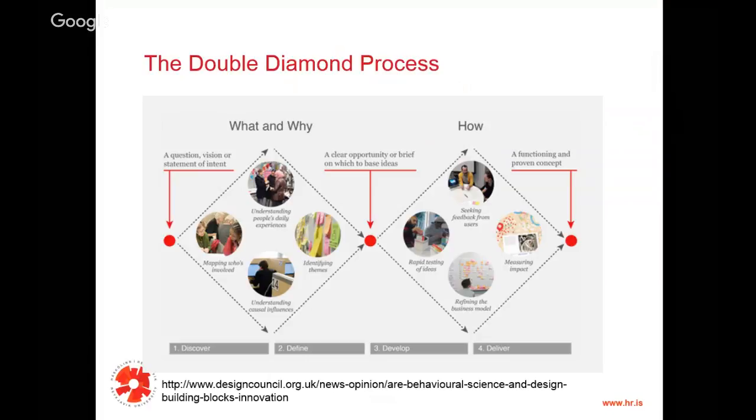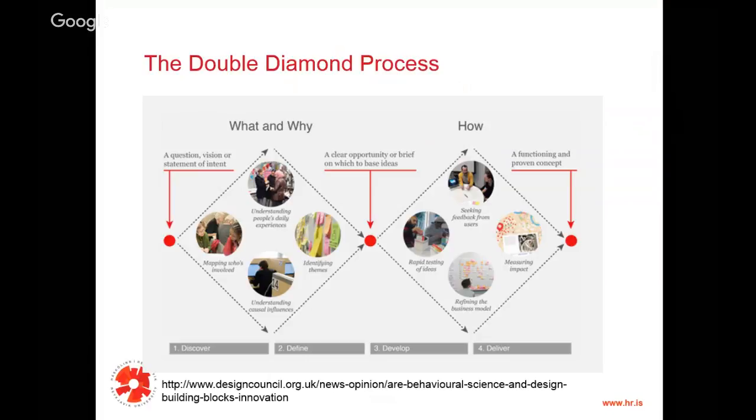You could also understand causal influences then, and mapping who are involved. You did that by doing the user groups and the personas. So you have really been working in this area. What is it really that we are going to make, what do they need, and why do they need something?